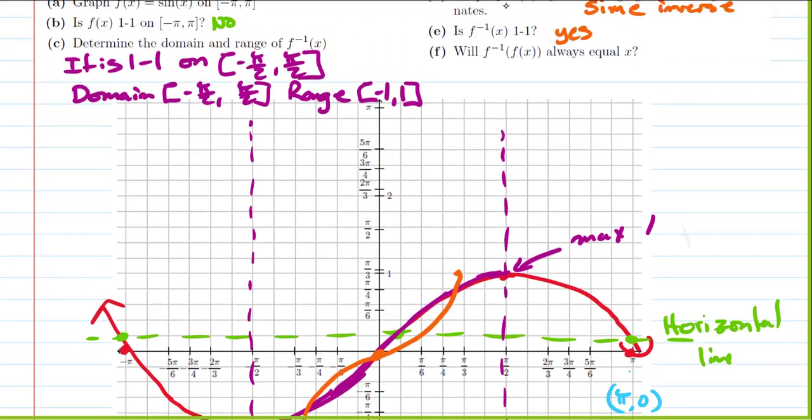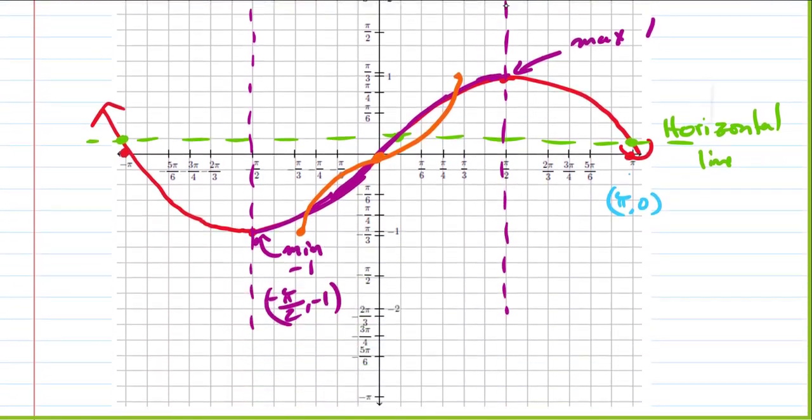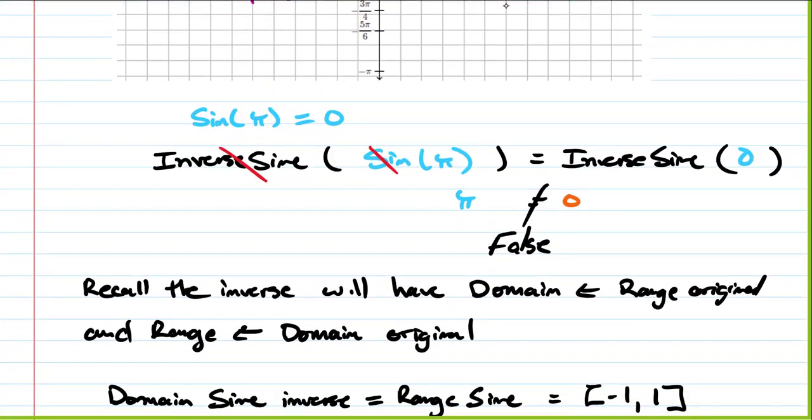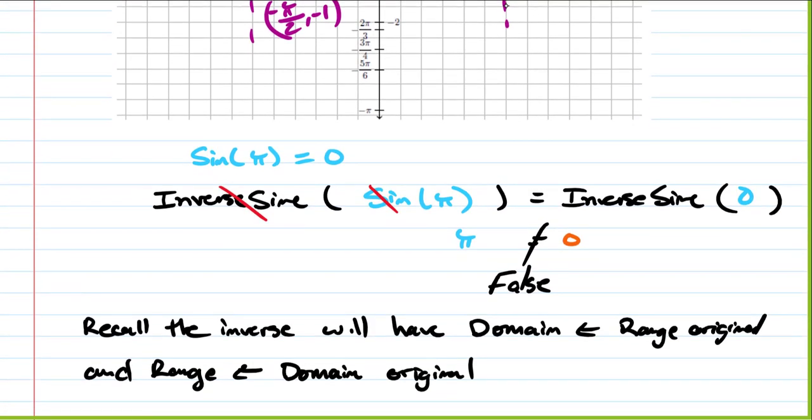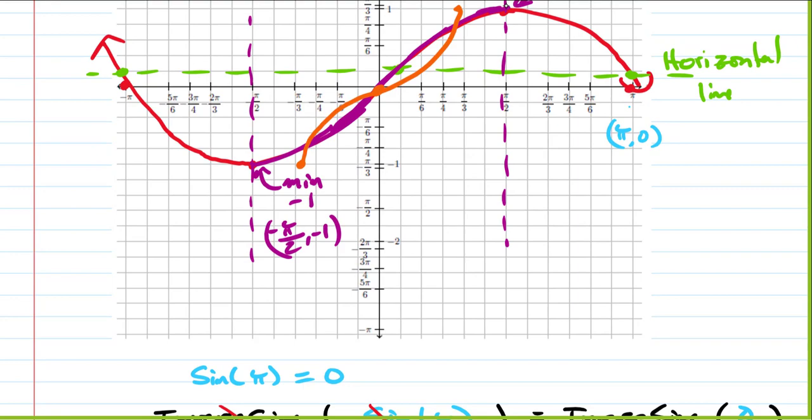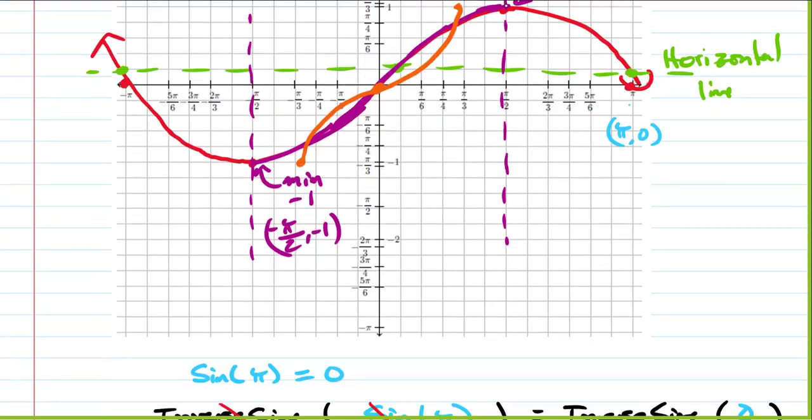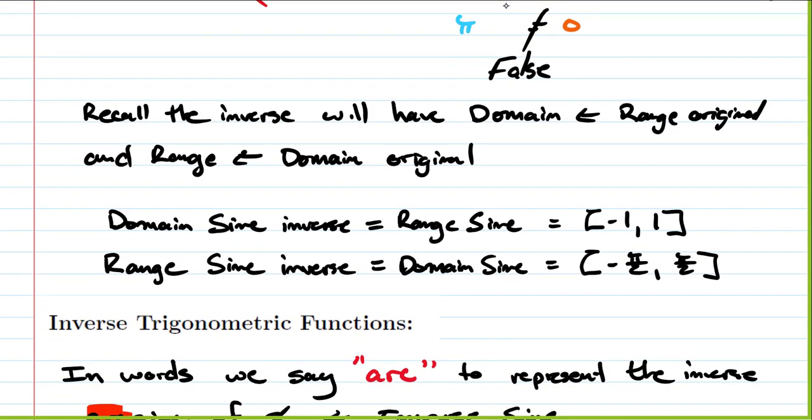So when we worked on part F, what got us into trouble? Well, we had the sine of pi equals 0, which is true, and then we tried to use the inverse on both sides, and we ended up with the sine inverse of 0 being 0, not pi. The first issue is, what was the domain and range of each of these?